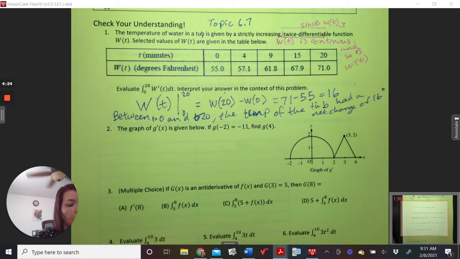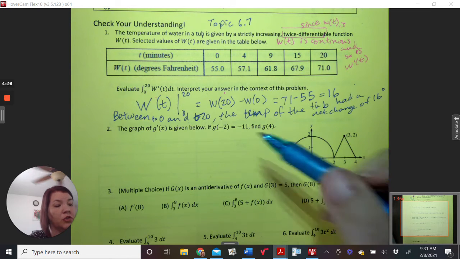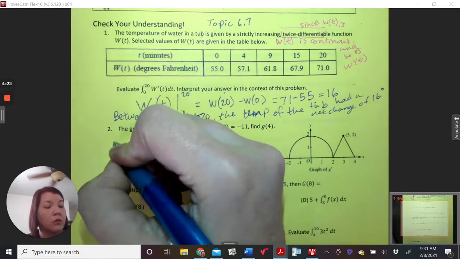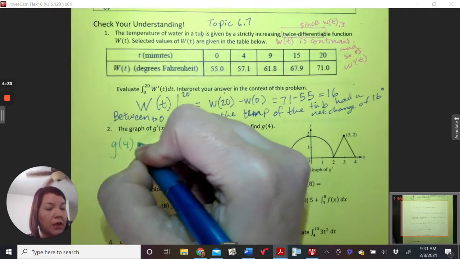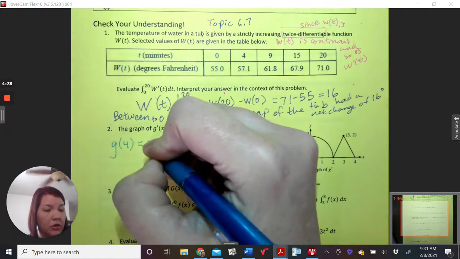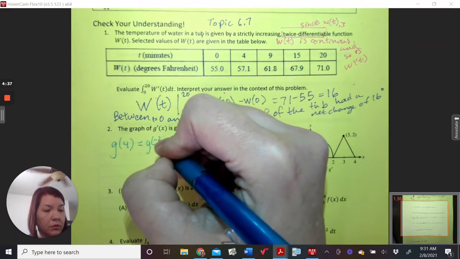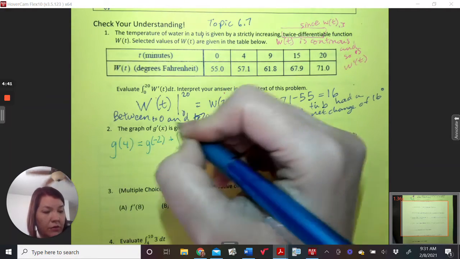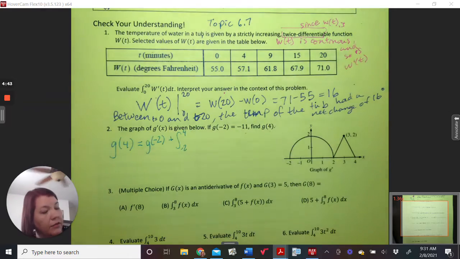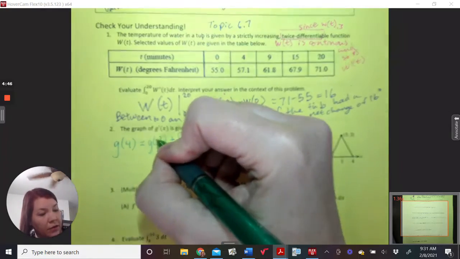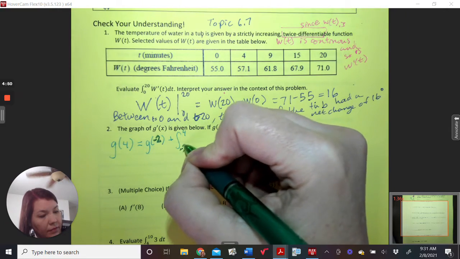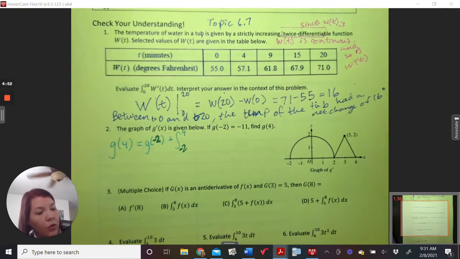The graph of g prime is given below. If g of negative 2 equals negative 12, find g of 4. So g of 4 is going to be equal to the number they gave me, g of negative 2, plus the integral from negative 2 to 4, with negative 2 being the number that was given and 4 being the number I'm trying to find.